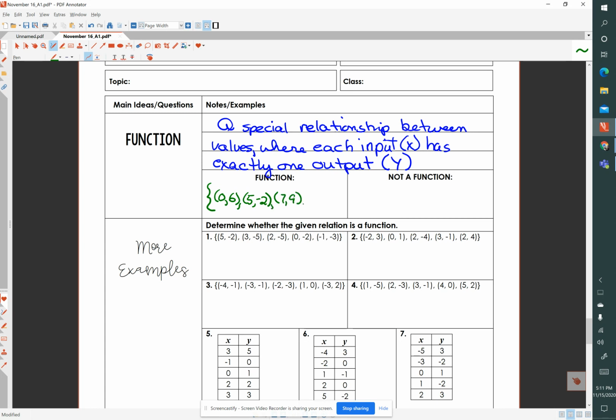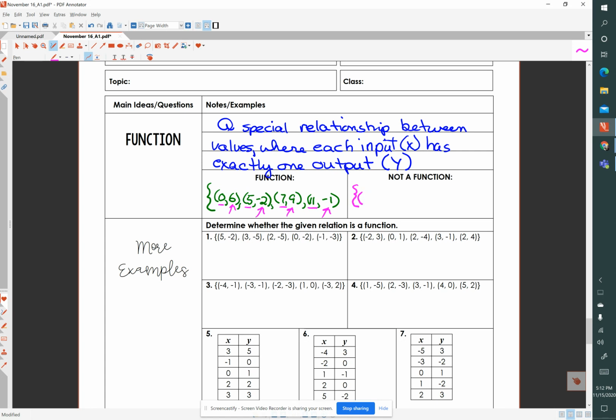Look how I'm putting commas between the numbers and between the ordered pairs. So see, here each x value has its own y value.